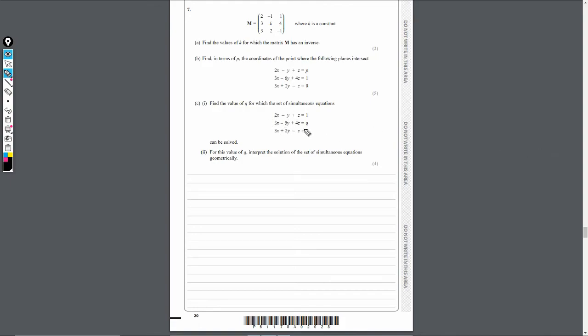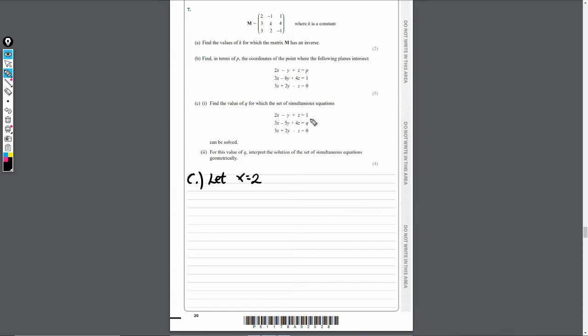So for part C, let x equal 2. So what I'm going to get then is subbing it into equation 1, the top one, and equation 3 here. We're going to sub x is 2 into both of these. So that's going to give me 2 times 2, so that's 4.